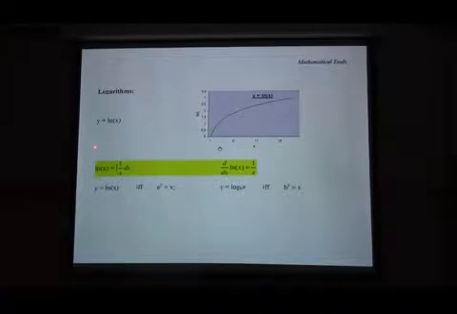Now, the natural log function has been defined as, and this is important, the integral of 1 over x dx. So let's talk about that a little bit. I'll be talking a little bit about integrals today in some detail about the interpretation. Essentially, the integral is sometimes interpreted as the area under a curve.